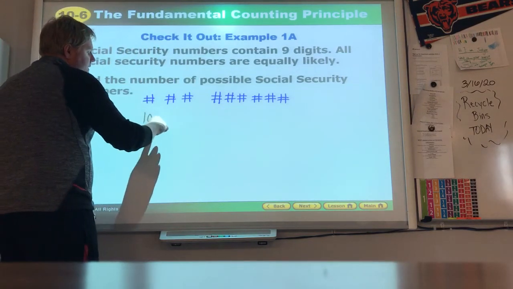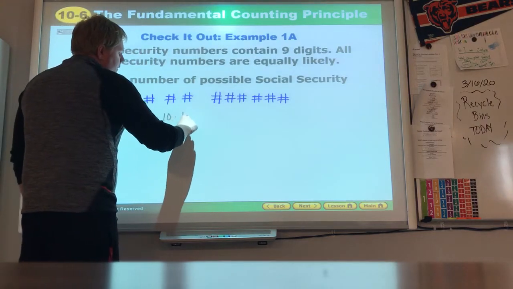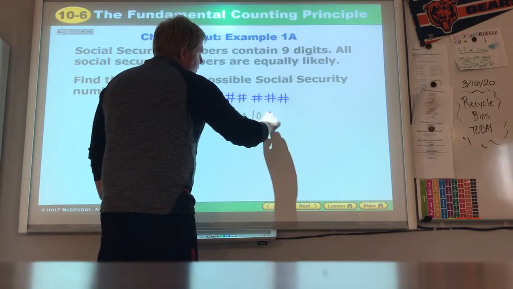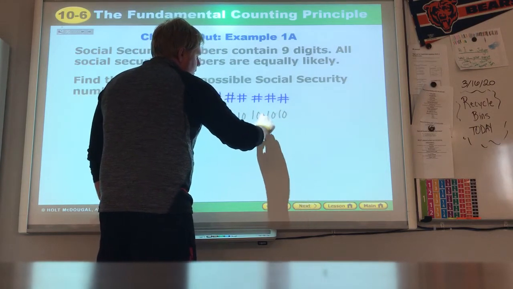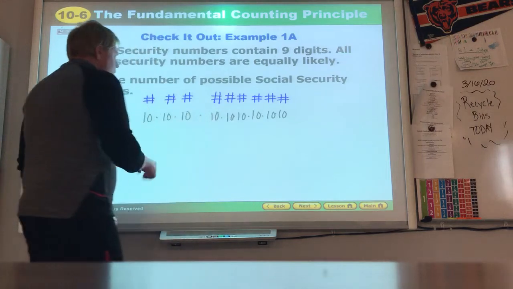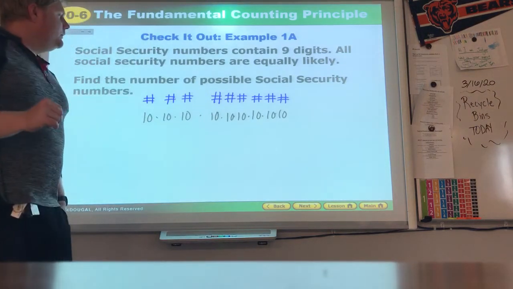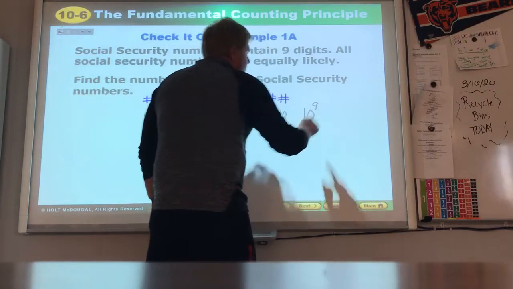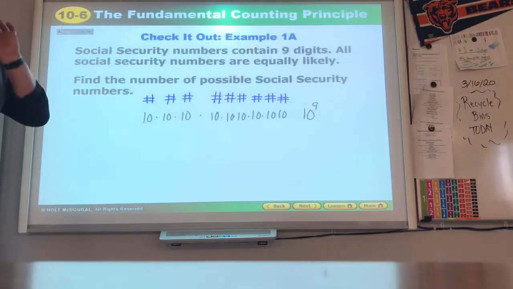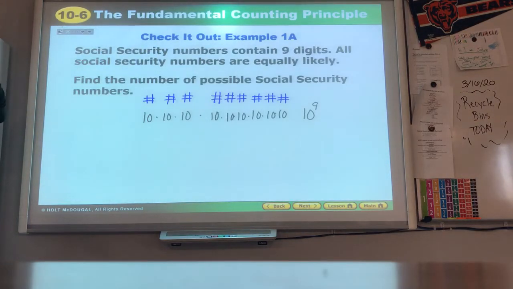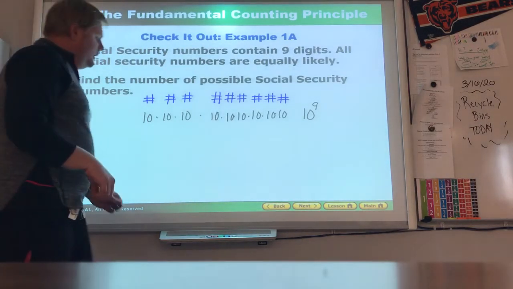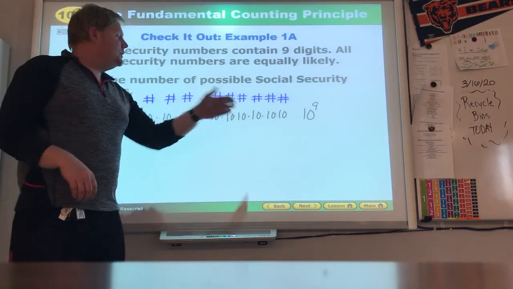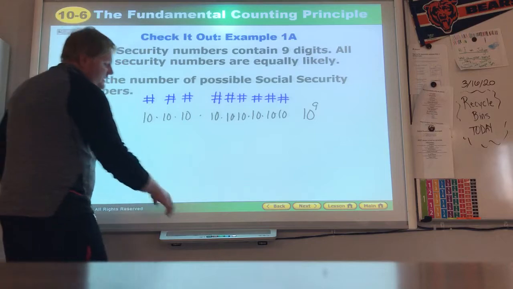There's 10 different single-digit ones. All of these have that possibility of 10 different numbers. When we look at all those together, we would get 10 to the 9th power, or they'll show you how big and long that number is. Because each one of these individual spots could have 10 different numbers. That's why they each get a 10.